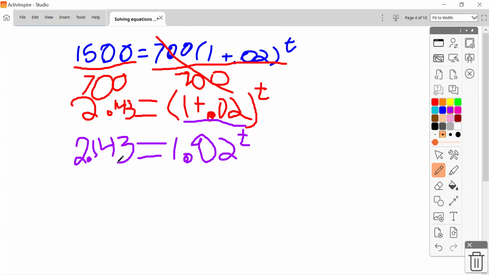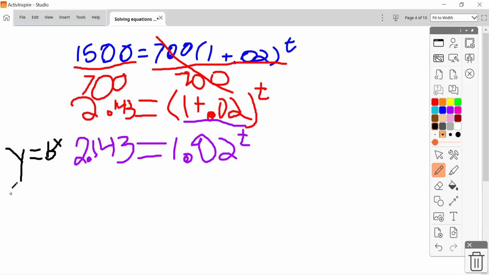As I pointed out on the last slide, this now looks like y equals b to the x power. 2.143 is y, 1.02 is b, and t is my x.